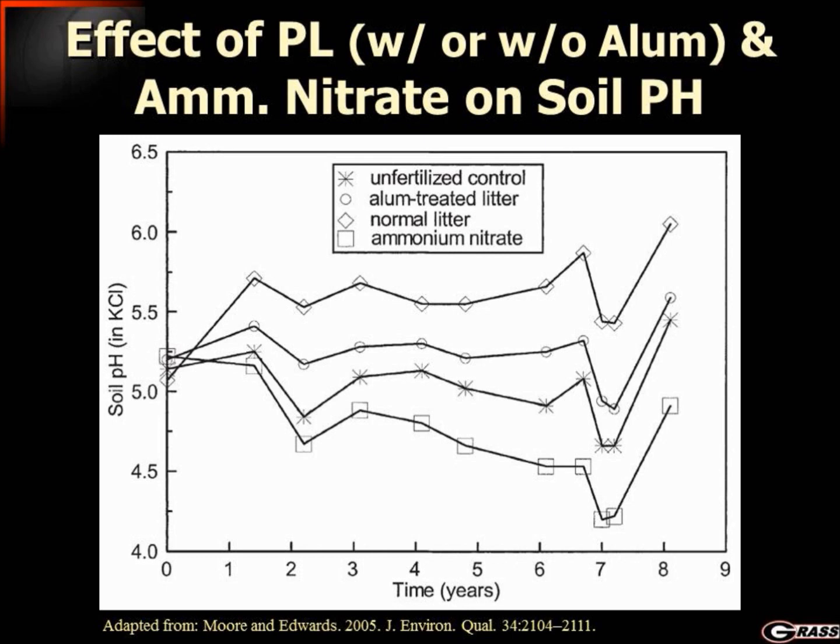Normal litter, with the diamonds, is up here without any alum in it, and then we have alum-treated litter, which is the circles. Notice here that the alum-treated litter is better than the ammonium nitrate alone, but it's not as big of an effect as the normal poultry litter. So what we're oftentimes seeing is folks thinking that they're getting a major improvement in soil pH, but they may not necessarily be getting that improvement with the poultry litter.